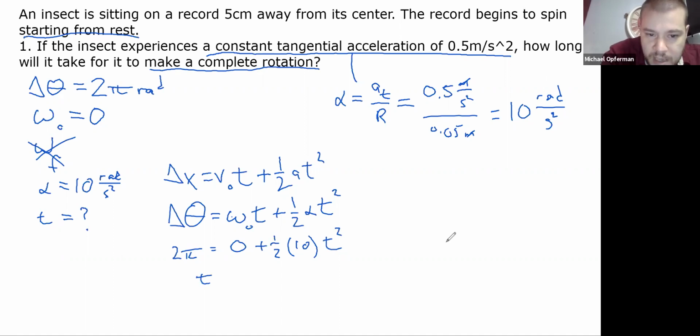So I'm going to have t equals the square root of 2 times pi times 2 over 10, and I get 1.12, which is the same answer I got in the previous video. So that's really the proper way to solve this problem: just think in angular variables and solve it directly in angular variables.